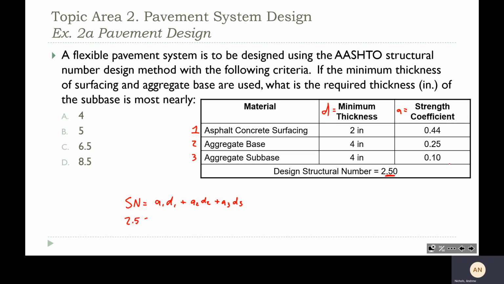So we've got 2.5 equals, oops, I did it backwards, 0.44 times 2 plus 0.25 times 4 plus 0.10 times D3. So then you can rearrange and solve for D3.